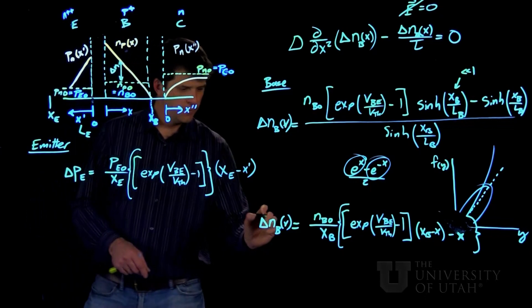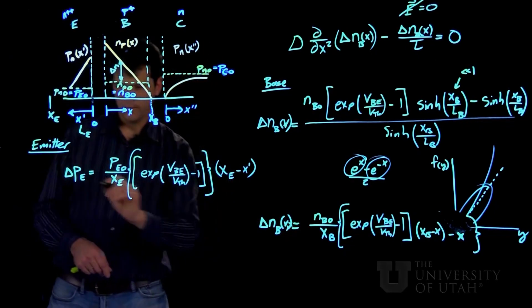So this is both the voltage and distance dependent hole concentration in the emitter.